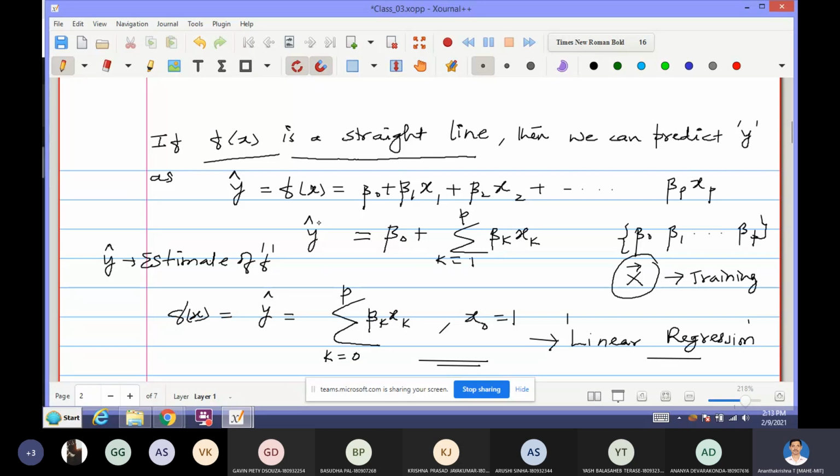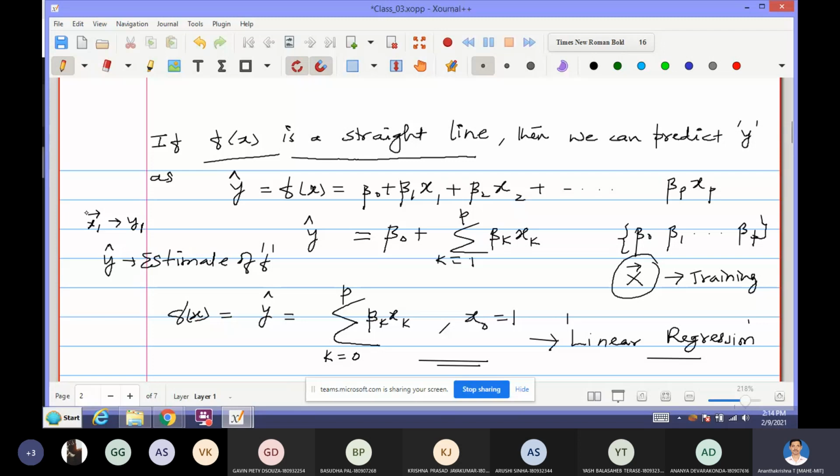Now this y cap here means that it is the estimate of y. Actual y is different. You understand that? So for a given x1 vector, there is a corresponding y1, is it not? Similarly, x2, y2, and so on.